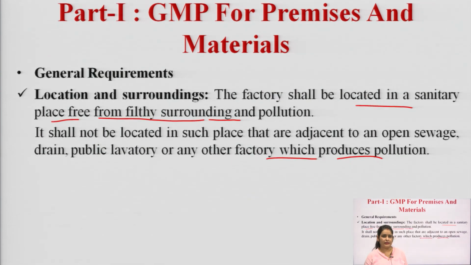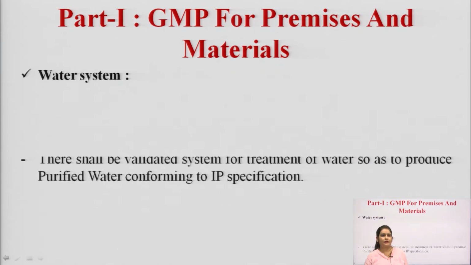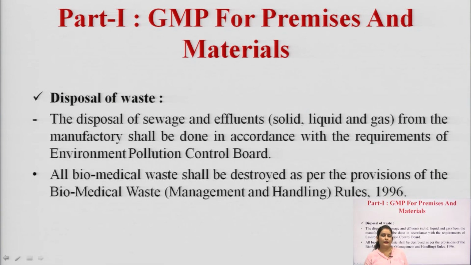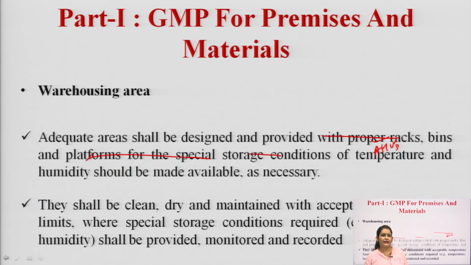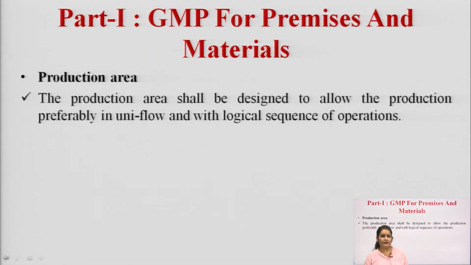We discussed the location and surroundings, building and premises, water system, disposal of waste, preparation of production area, and warehousing areas. The production area, as I told you, should be designed to allow production preferably in uniflow direction, and the area should be free from cross contamination.